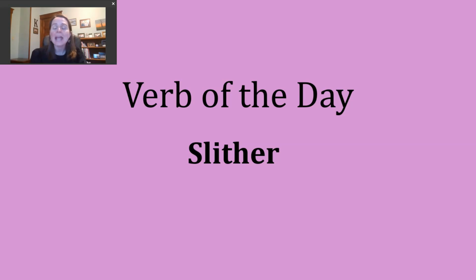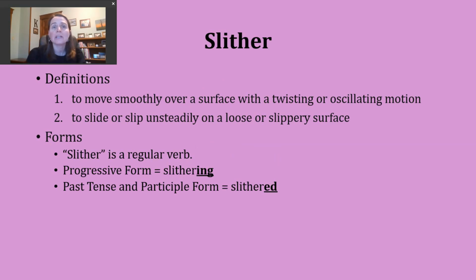Now let's take a moment and review some of the definitions or ways that we can use this verb. The first way you're likely to encounter the verb slither means to move smoothly over a surface with a twisting or oscillating motion. Related to this first definition, I want you to think of the action of a snake and how it moves.